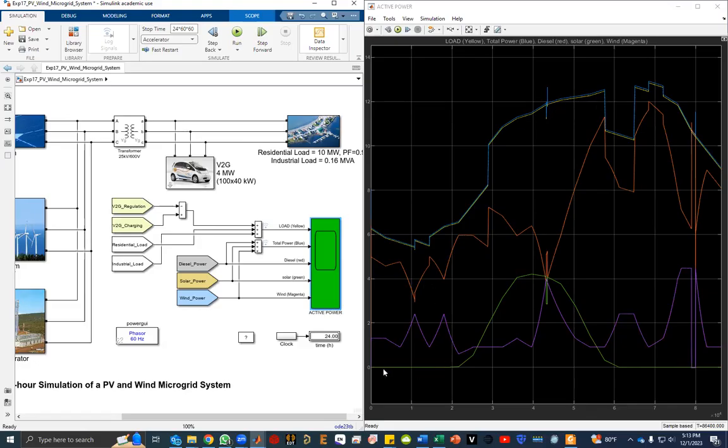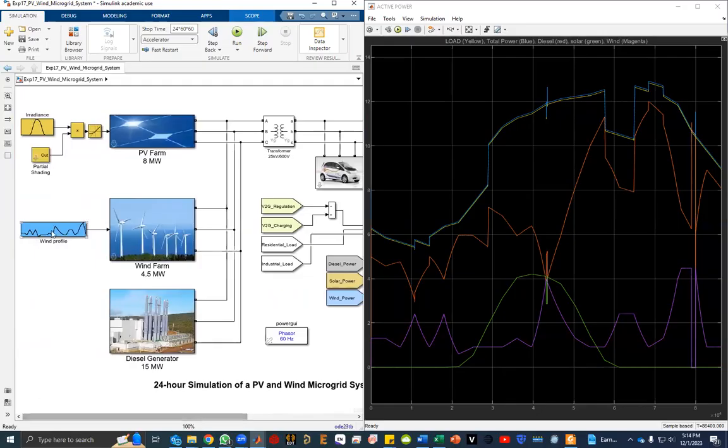Say for example here solar's contribution is 0, but at this hour solar is starting to kick in, and if you look closely, at this point we are not requiring that much diesel. That's why the diesel's part went down. And in case of wind, the wind's pattern is just like this, and solar's pattern is just like this.